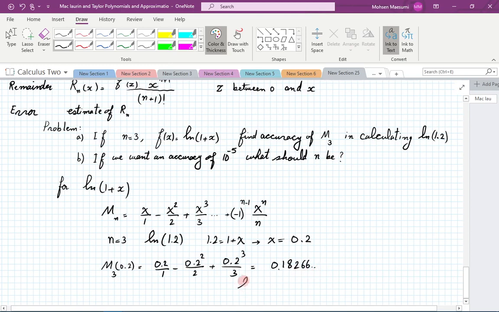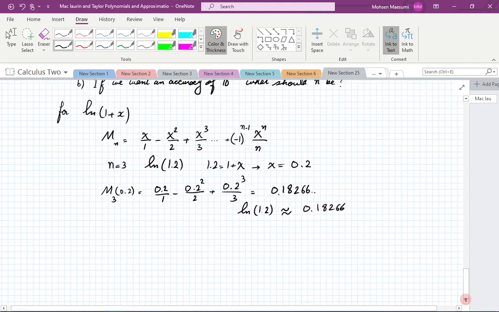And so here's our approximation. Logarithm of 1.2 is approximately 0.18266. Well, how much is it exactly?